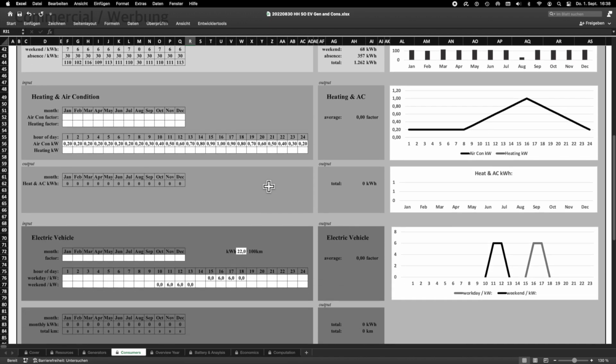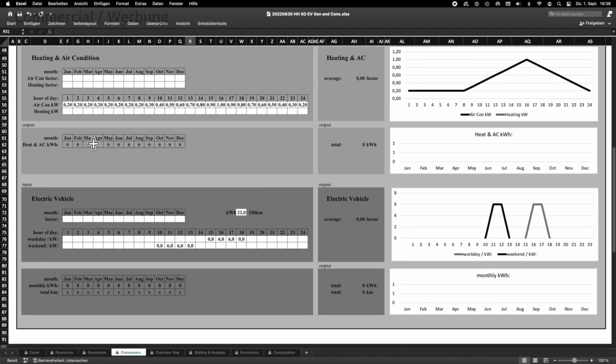Now we consider our air condition. Okay, that is again the same logic as before. We insert the active months. In June we need 50% air condition, in July 80%, in August only 20% because we are absent, and in September it is 50%.